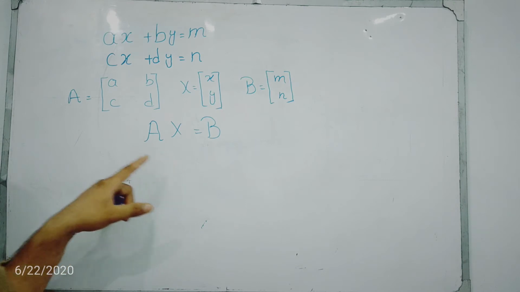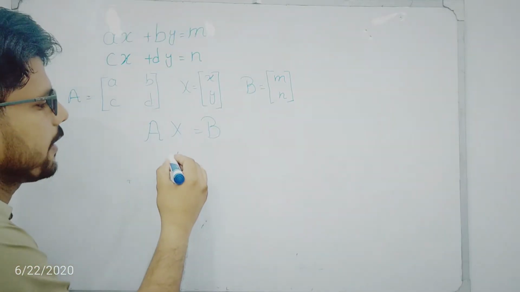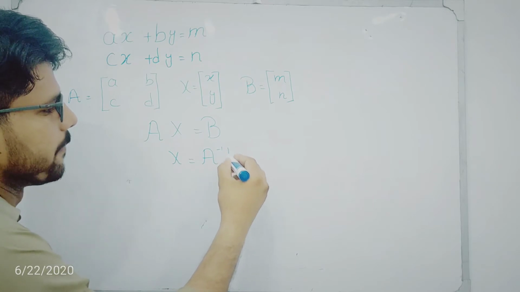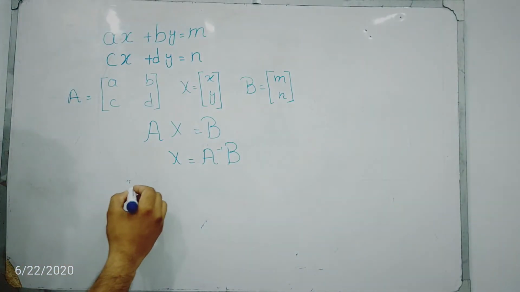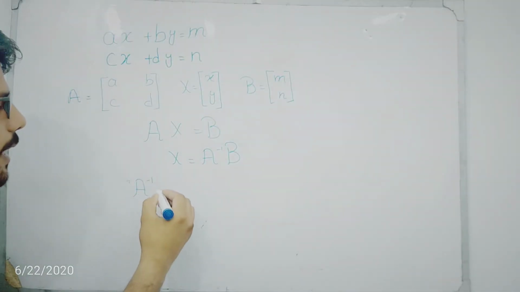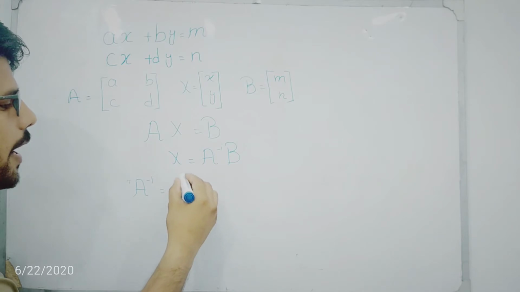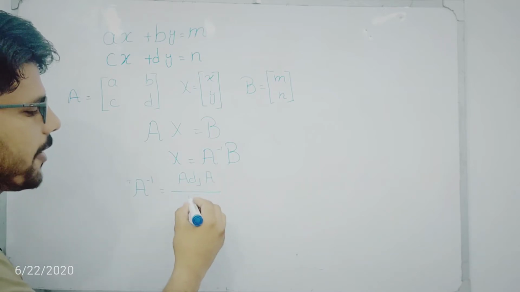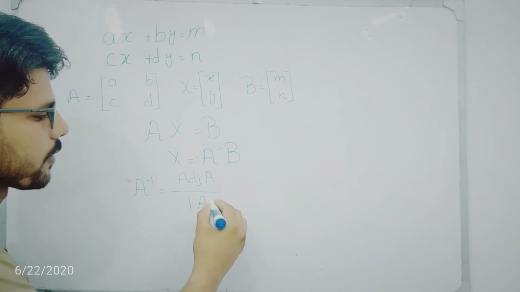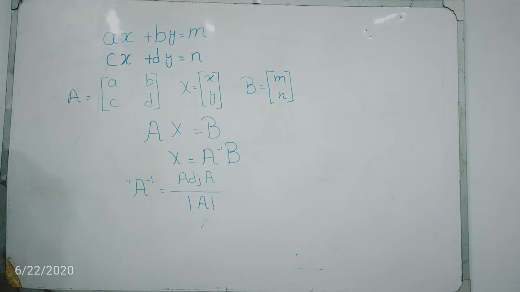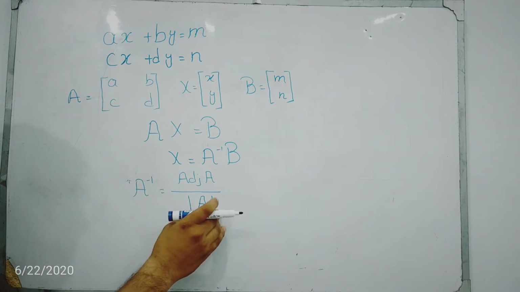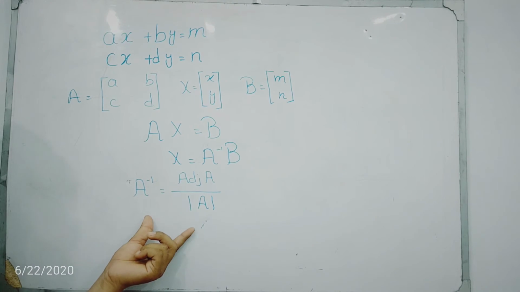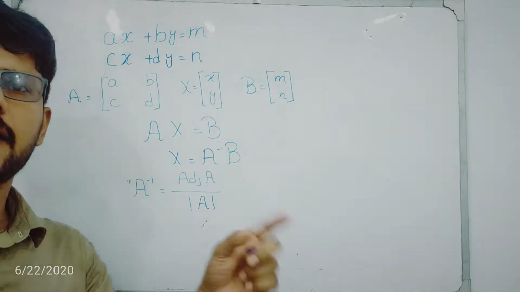Here we find the value of x. So x is equal to A inverse B. We know that A inverse of a matrix is equal to adjoint of A over determinant of A. So we find the determinant of A to check that this is singular matrix or non-singular matrix.